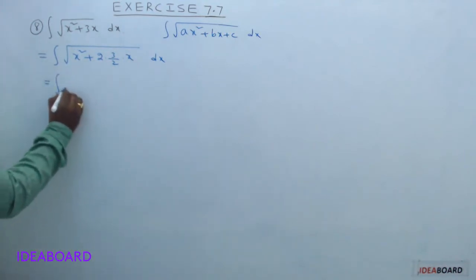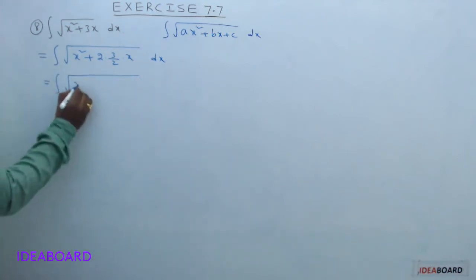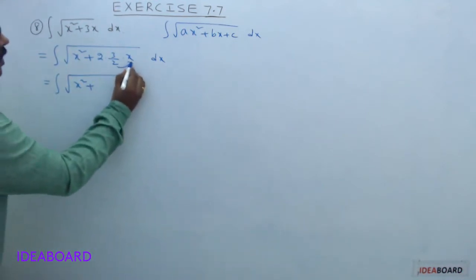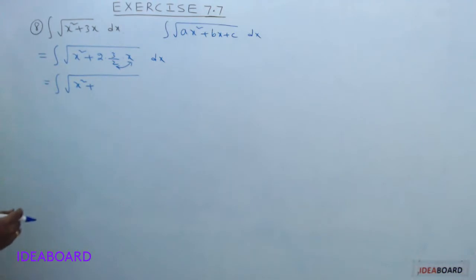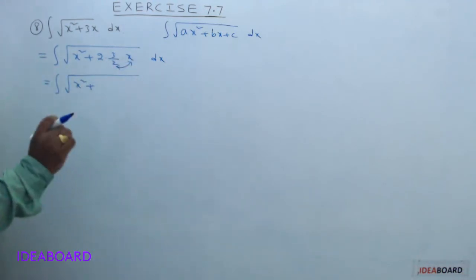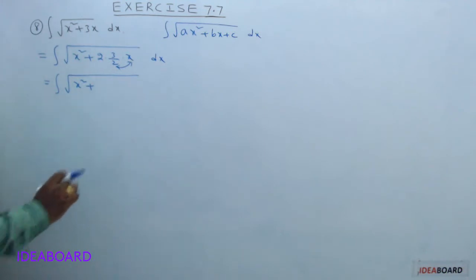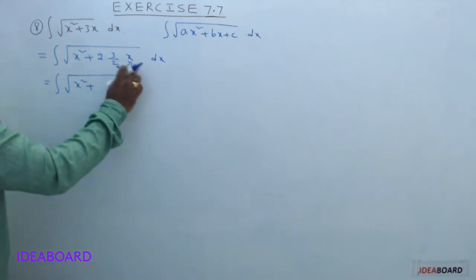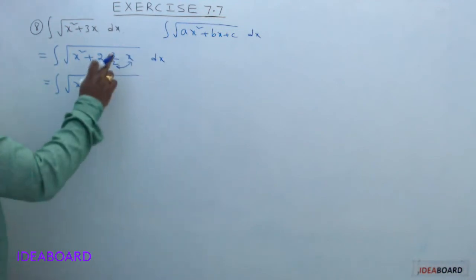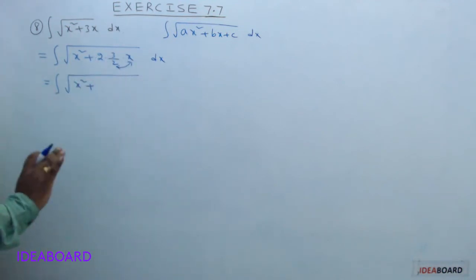Now this is integral square root of x square plus, now if you interchange this 3 by 2 and x, then this value does not change. Here I am going to interchange this x and 3 by 2. If you are interchanging this 3 by 2 and x, the value of this term does not change.